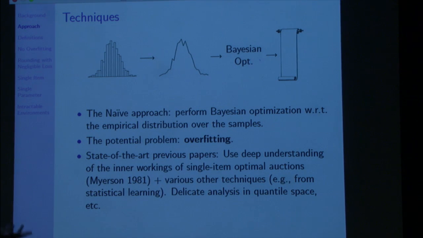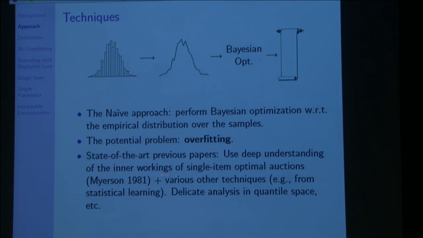And the state-of-the-art previous papers, the ones that I talked about, they indeed use a very deep understanding of this process of Bayesian optimization, given full information about the distribution, how to get a revenue maximizing auction for it. That's Myerson '81, who got a Nobel Prize for the other stuff.